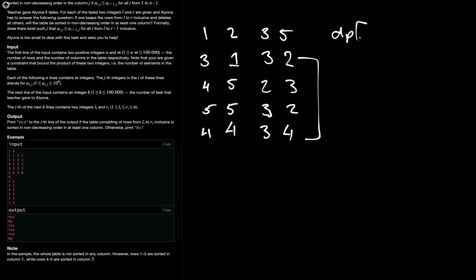So for DP, if we're at this column, the DP value represents the longest subsequence this can achieve.